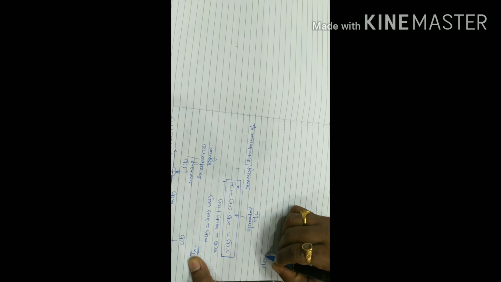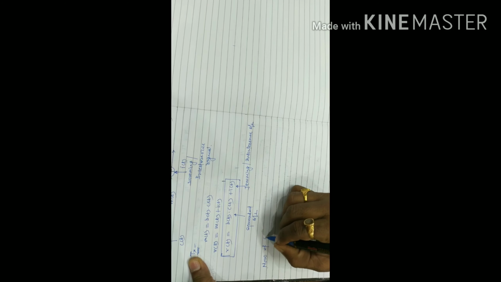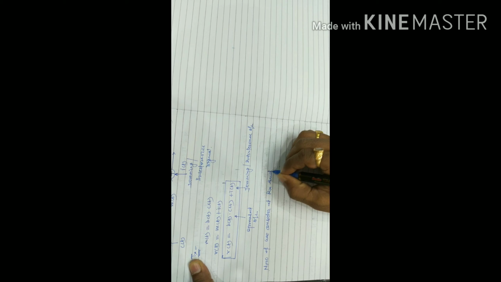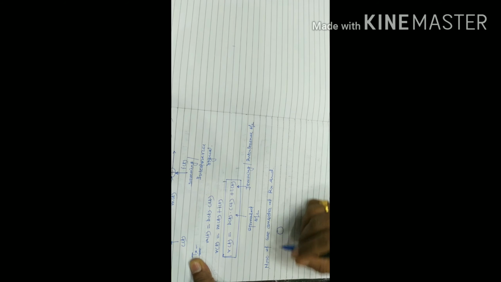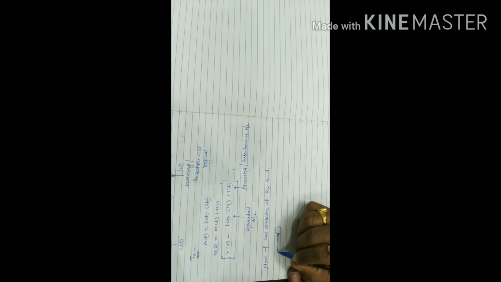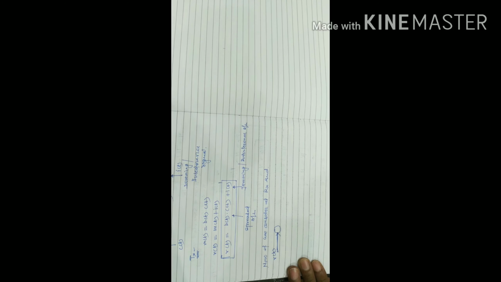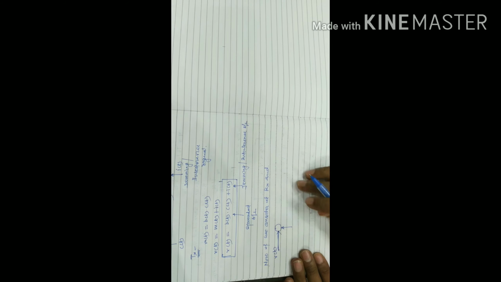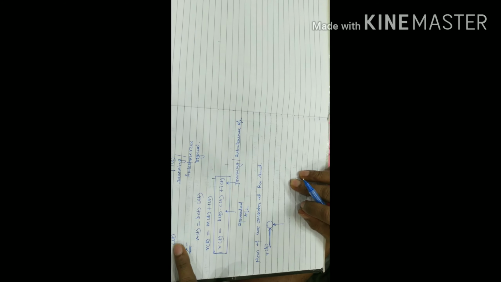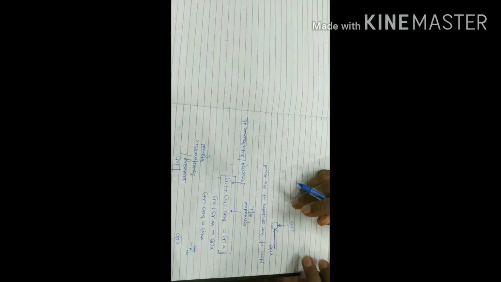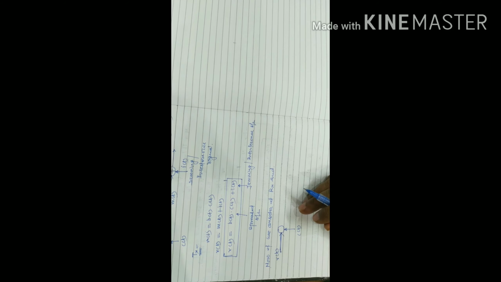Now, if we consider the receiving end, the input to the receiver will be R of t, and we had a discussion earlier also that whatever PN sequence is used at the transmitter, the same PN sequence we have to use at the receiver in order to recover the original signal.